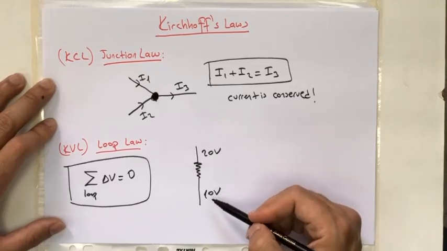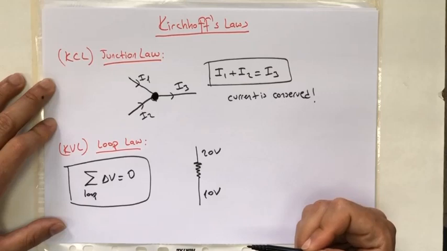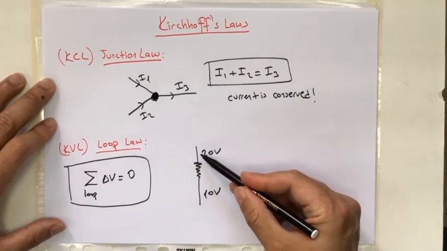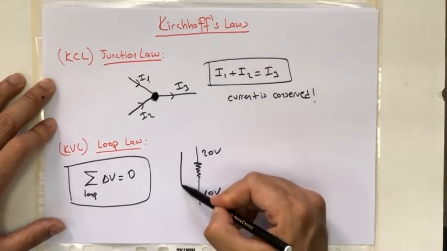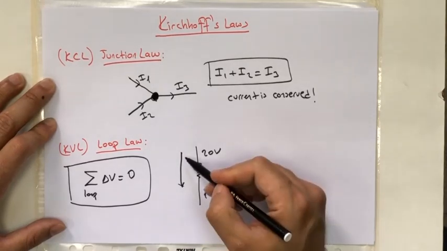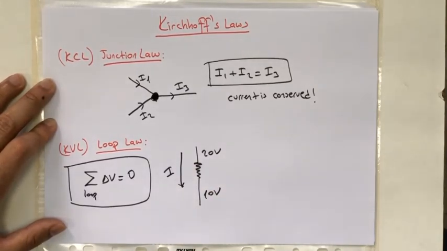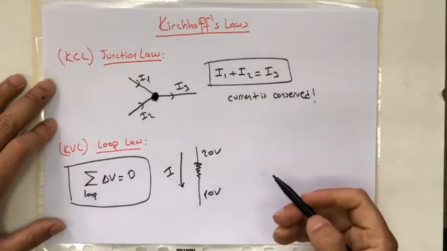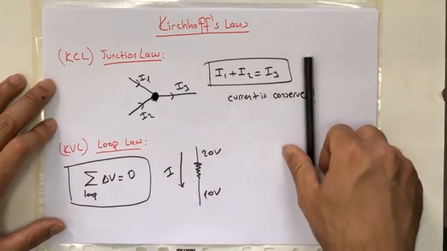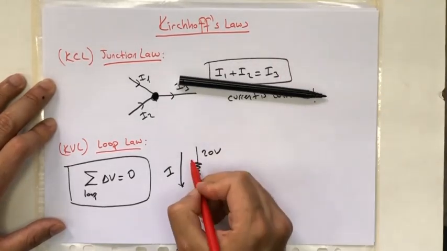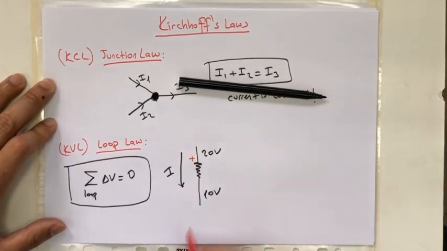As you know, current naturally flows from high potential to low potential. So current will flow in that direction, let's say I, from positive to negative. I can indicate that this terminal is the positive pole and this is negative.